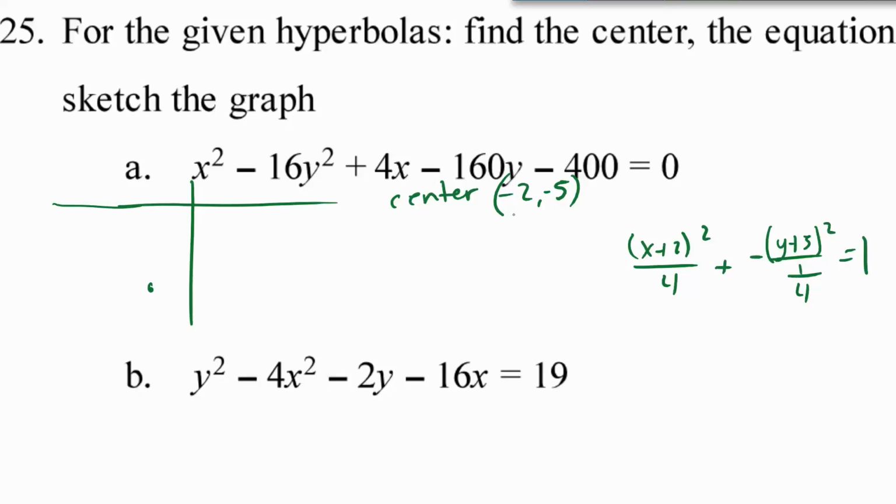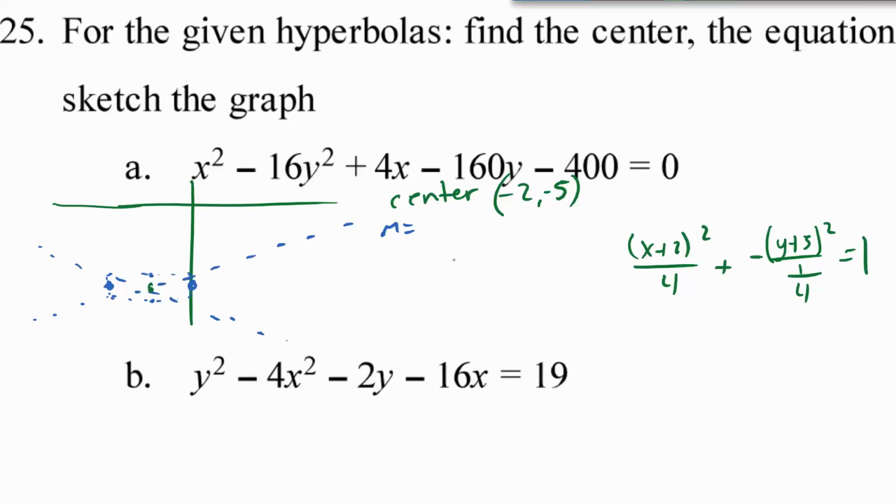All right. So asymptotes, well, let's take a look here at our box. I'm going to go left and right 2 because that's under the x. So this is 2, 2. And I'm actually only going to go up and down square root of 1/4, which is just 1/2. So I'm barely going to go up and down. Create my little box there. My asymptotes are going to go like this. And the slope of my asymptotes is b over a.